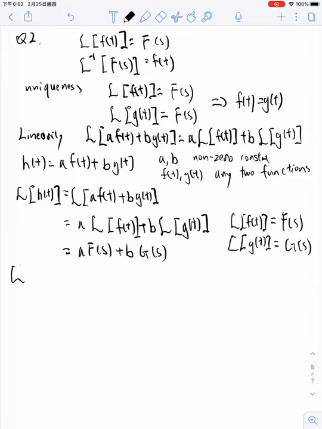And then if you inverse Laplace transform the result, because of the uniqueness of the Laplace transform, after you transform this into this, if you transform this back using the inverse Laplace transform, by the definition, you should get back this form.